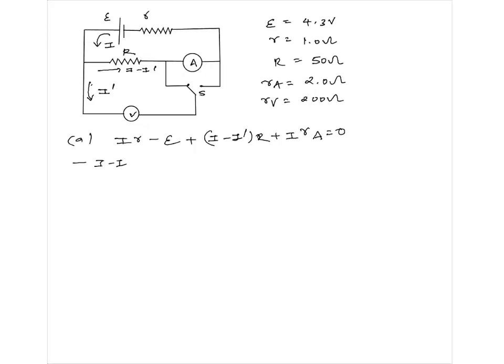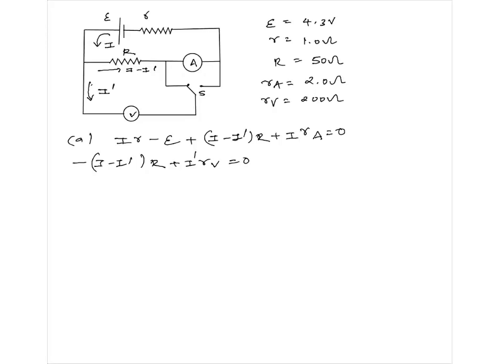Minus I dash R. Going in the direction of the current, this is a coil inside, meaning a resistor inside, so it could be the positive end. Positive end means plus I dash RV. Looks like we are back home. That's it, 0.